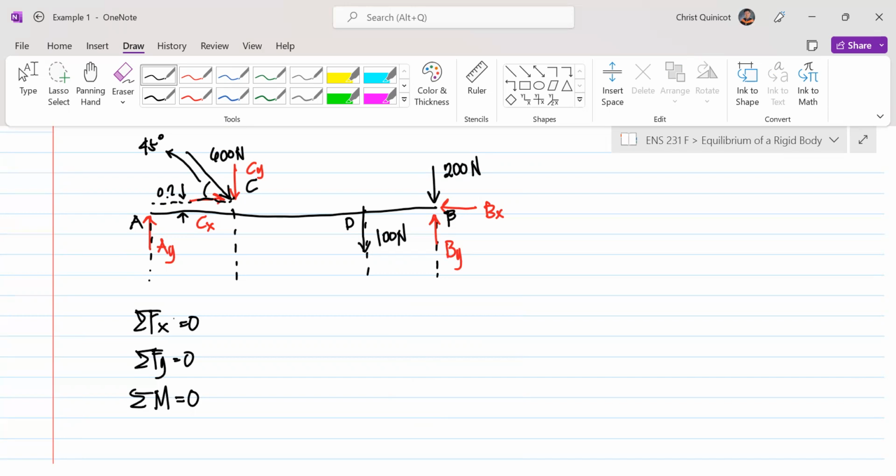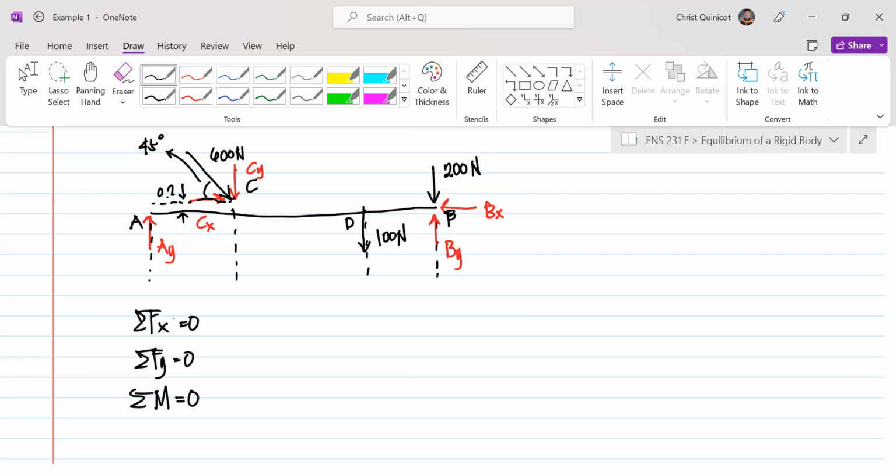If you decide to use summation of forces y, no problem. However, if we look at our free body diagram, if we do summation of forces y, we will end up with two unknowns, A sub y going up and B sub y going up, right? So we cannot calculate them.